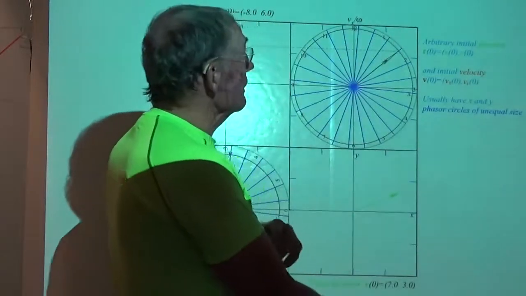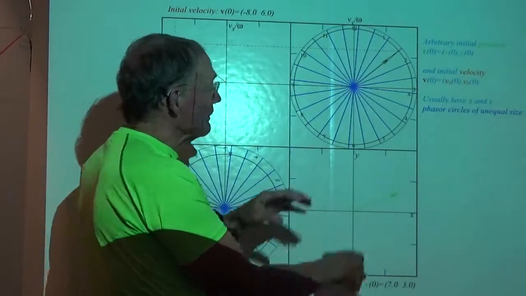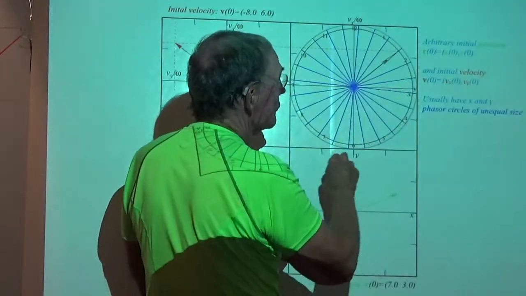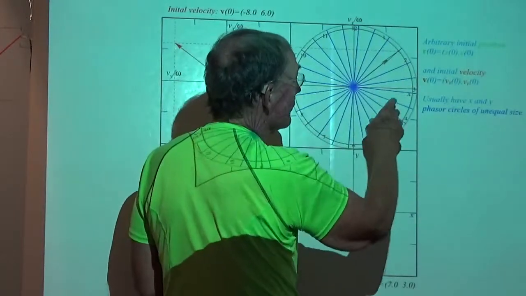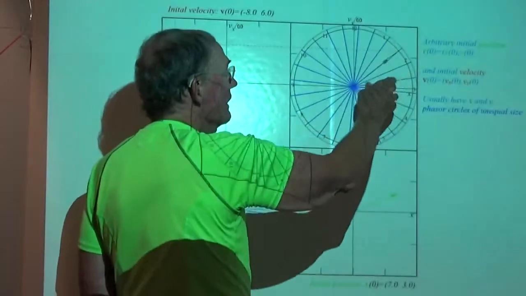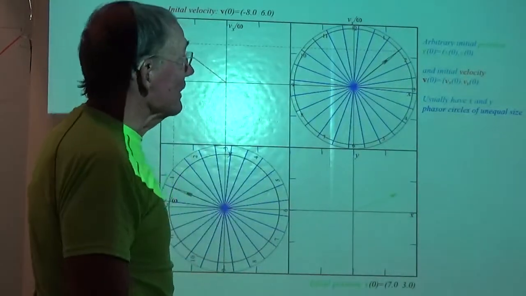And then it's just a matter of bisecting and trisecting 180 degrees to get finally 12 divisions. Every half hour, if this were an hour clock, is now marked off by these blue lines. So that's your ticks.